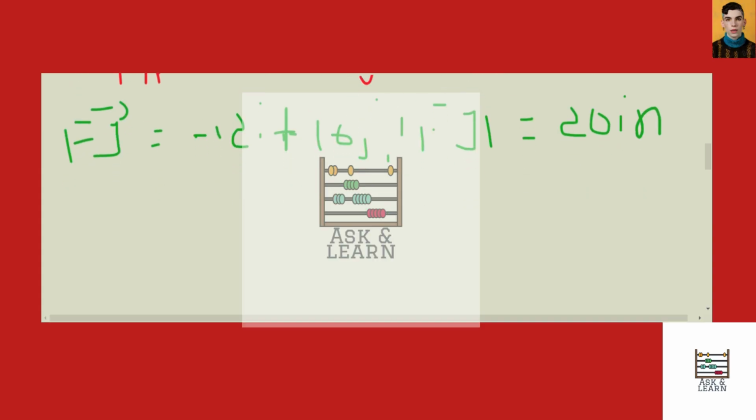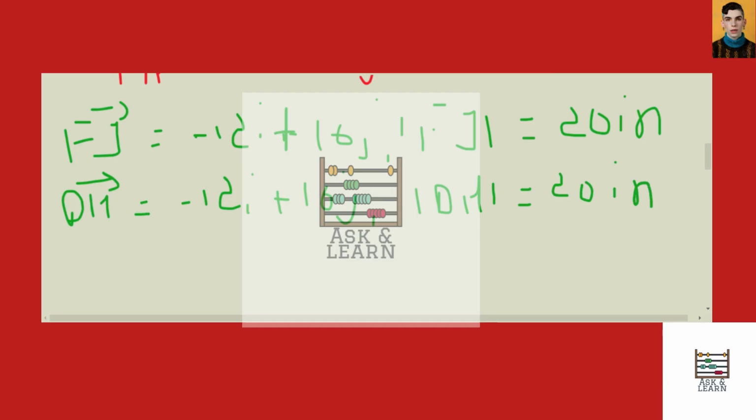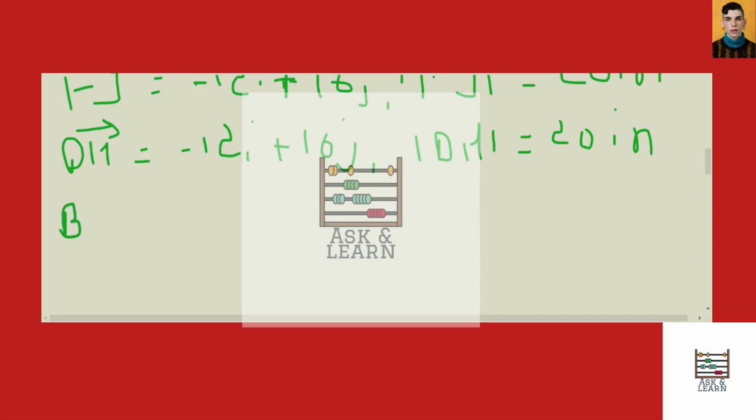The vector DH is equal to minus 12I plus 16J, and the magnitude of DH is equal to 20 inch. The vector BG is equal to minus 12I plus 9K, and the magnitude of BG is equal to 15 inch.